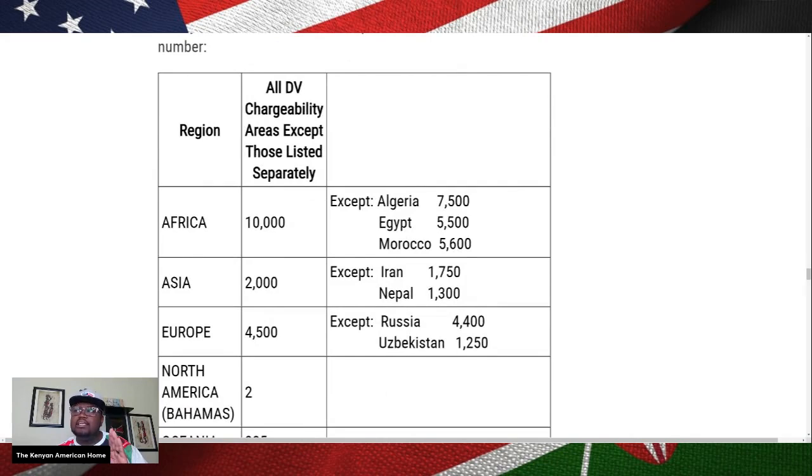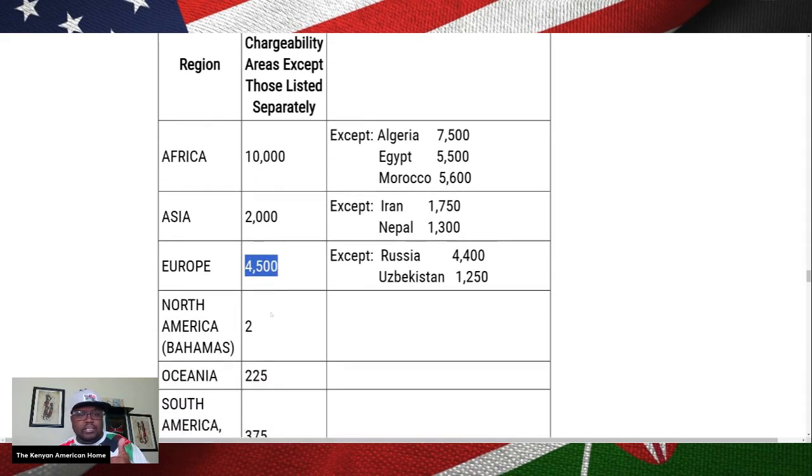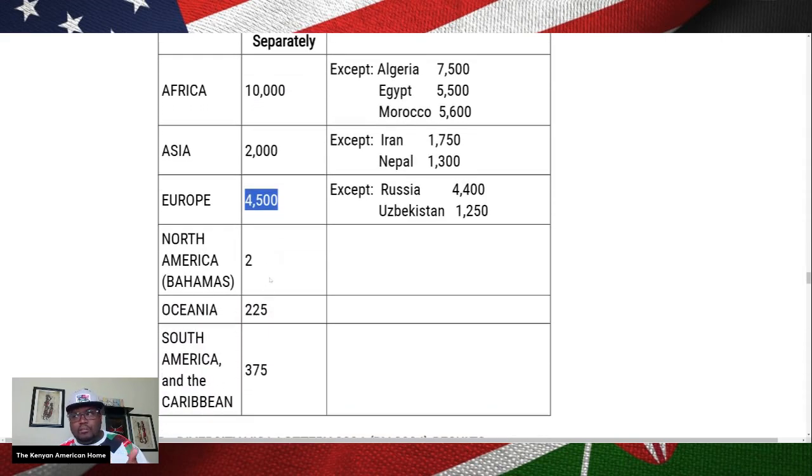So if your case number is 10,000 or less, the visa bulletin gives a green light. If your number is 10,000 or less if you're from Africa, 2,000 or less if you're from Asia, 4,500 or less for Europe, North America too, Oceania and South America.